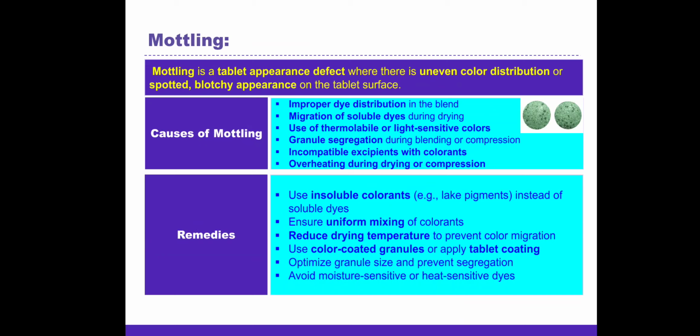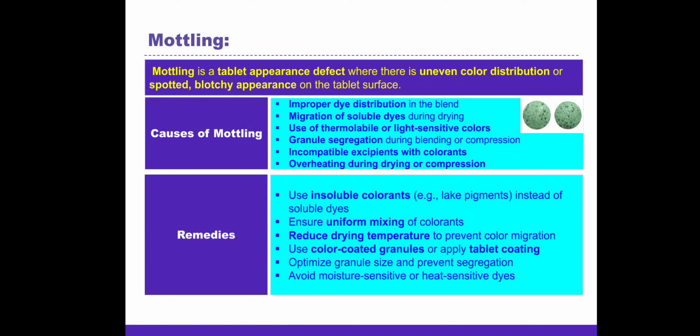Now it is mottling. Mottling is a tablet appearance defect where there is uneven color distribution or a spotted, blotchy appearance on the tablet surface. Now we'll see the causes of mottling: improper dye distribution in the blend.